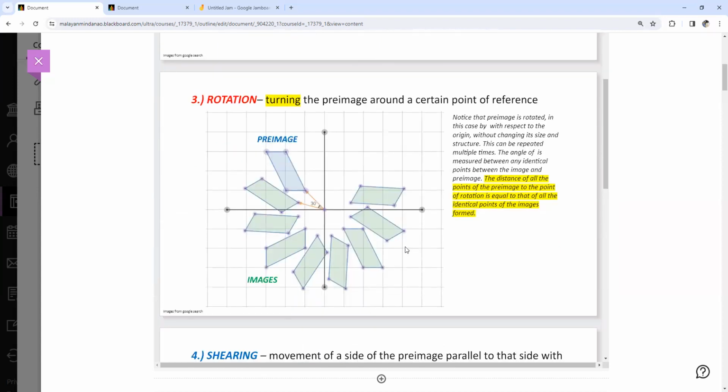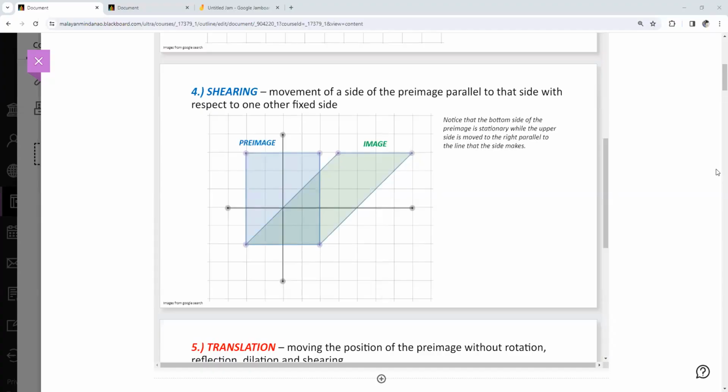Rotation is when you turn the pre-image around a certain point of reference. So you select a point of reference so that each point in your pre-image is rotated the same way, and so that you can achieve a proper rotation. So shearing is when you move one side of a pre-image parallel to a side that is fixed.